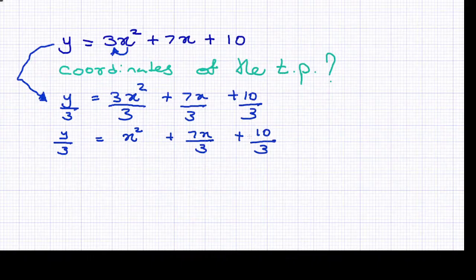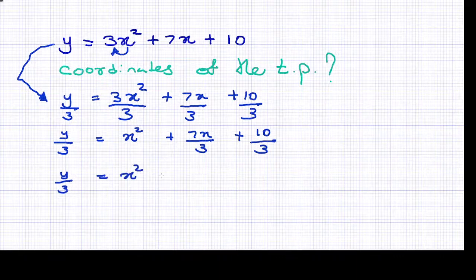Right. So what's the next step in converting this given equation to vertex form? The next step is you have to take half of the second term. So what's the second term here? That is 7x over 3.